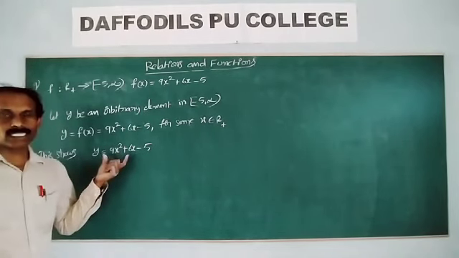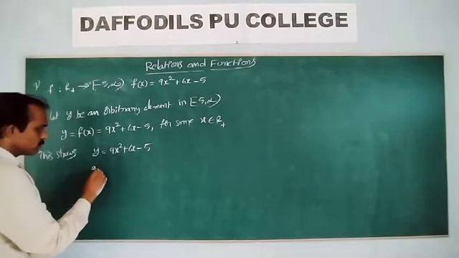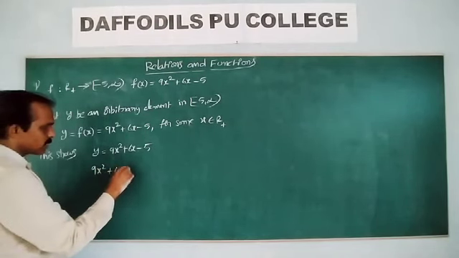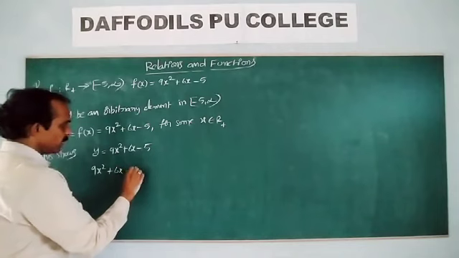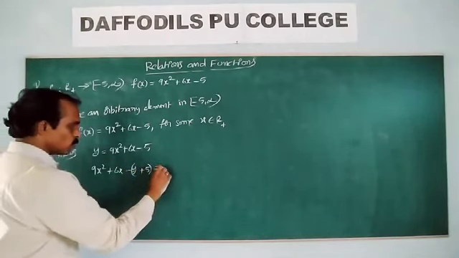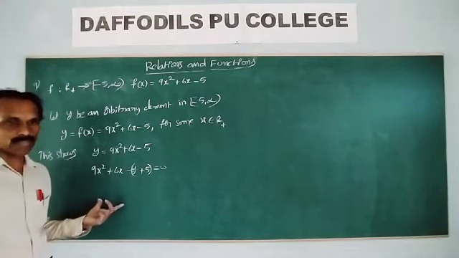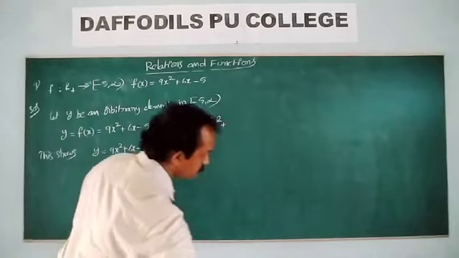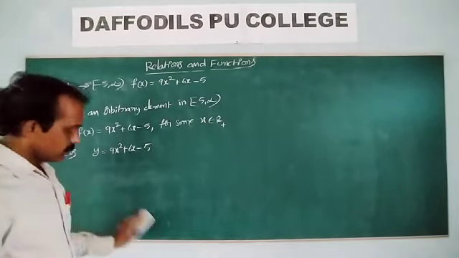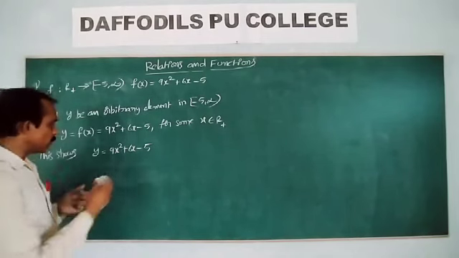Convert this with x as the subject. One method is 9x square plus 6x minus y minus 5 is equal to 0, using the quadratic equation to find the x value in terms of y. Or else, we can use the a plus b whole square or a minus b whole square form.